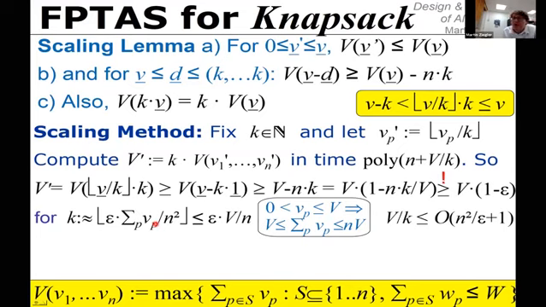So if we choose k equal to 1, then we get the exact result, right? Choosing k equal 1 means we round to the next multiple of 1, and that's not rounding at all, right? So when k is equal to 1, this scaling will not affect the values at all and thus return the exact solution, but at exponential cost because this is the value.